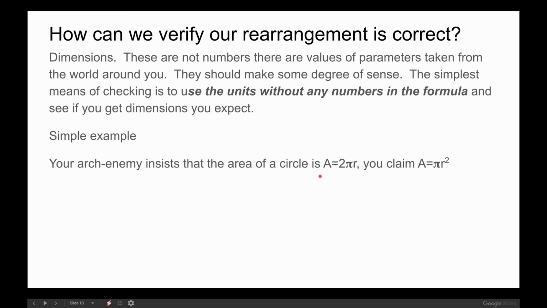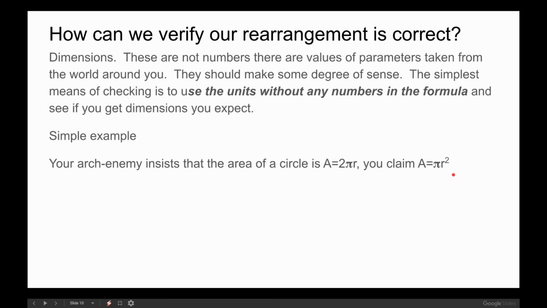Here's a simple example. You know, in classroom questions, they always have your friend says, no, this person is your arch enemy. Someone you just want to die. They suck. And they say to you, area is 2 pi r. And you're like, no, you bromo, it's pi r squared. What are you, from Marsville? And they're like, no, area is 2 pi r. And you're saying, it's pi r squared.